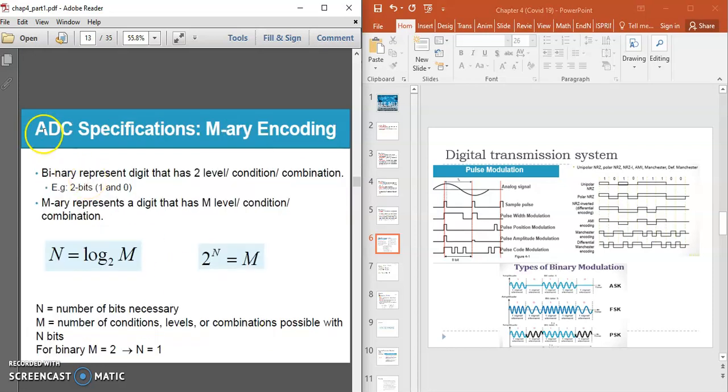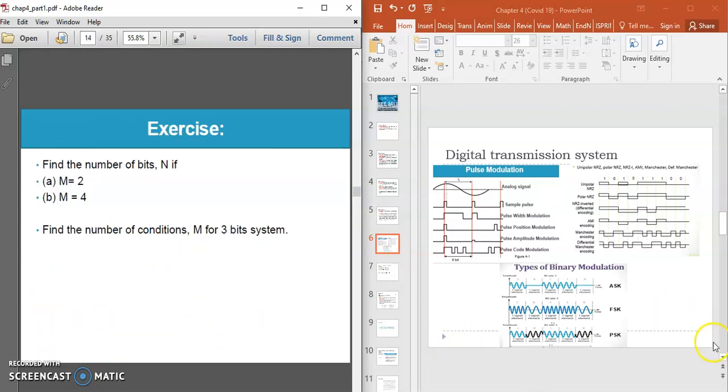Okay, so the next one, when you deal with ADC specification, you must learn M-ary encoding. Very easy. Remember this first formula: N equals log base 2 of M, so 2 to the power N equals M. What is N? Number of bits. M is the number of conditions.